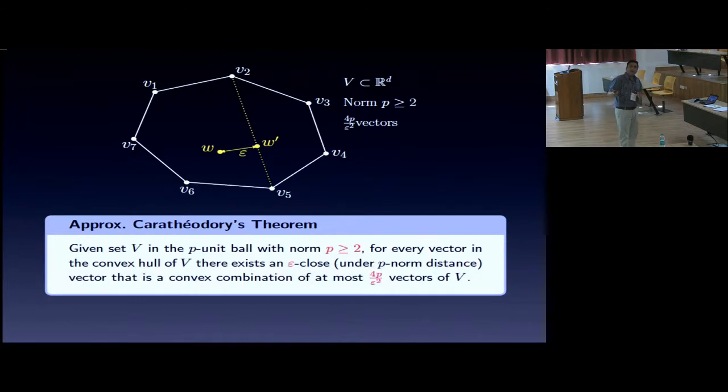What the theorem says is that for every vector w in the convex hull, there is guaranteed to exist an epsilon-close vector in this p norm, such that this nearby vector can be expressed as a convex combination of only 4p over epsilon square vi's. Again, the striking feature of this theorem statement is that the ambient dimension d does not make an appearance. It's dimension free. So if you want one single tool, one single takeaway from my talk, this is it. That's the theorem. If you understand this, I'm kind of done.